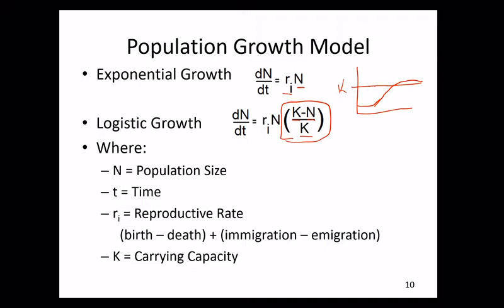In other words, we could say the reproductive rate has reduced to the effect that the number of births and the number of deaths are relatively equal. Also considering immigration, the number of individuals moving into the population, and emigration, the number moving out of the population. And so we can look at this and consider what the curve looks like.